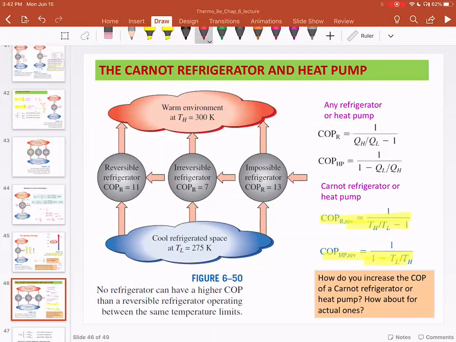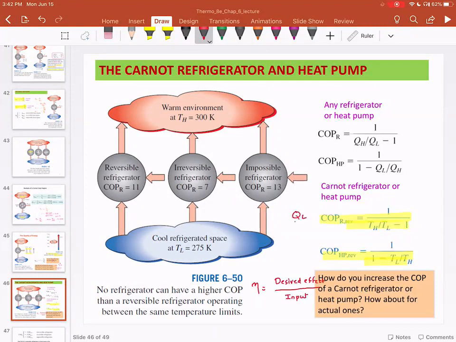is given as this. And recollect, this equation is also based on the same principle: desired effect divided by input.